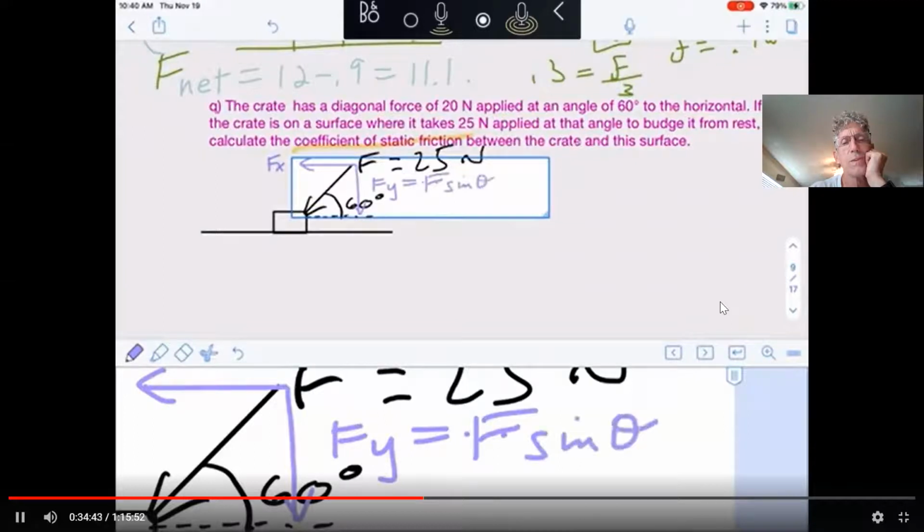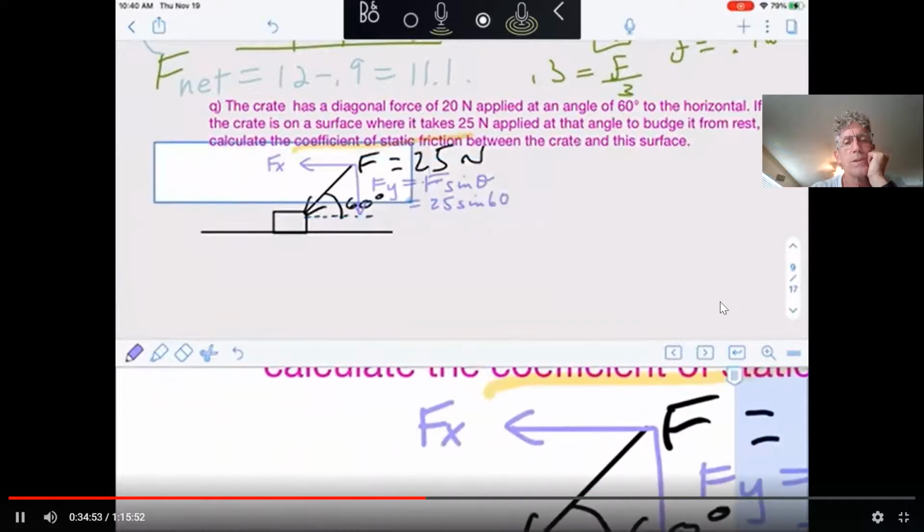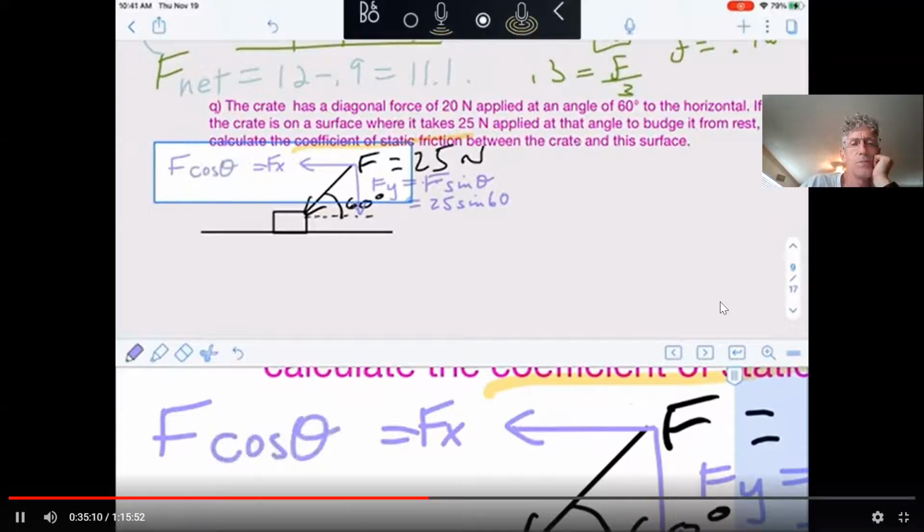Theta is the angle given, so that'd be 25 times sine of 60. Then Fx is, use the equation sheet, F cosine of theta, so that'd be 25 cosine of 60, which is 12.5.